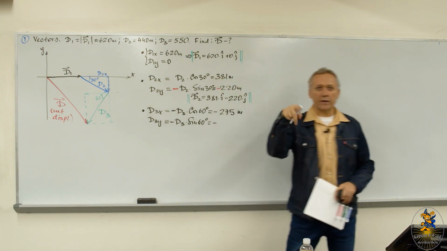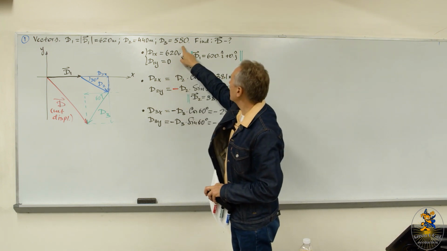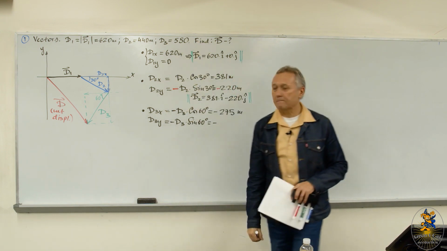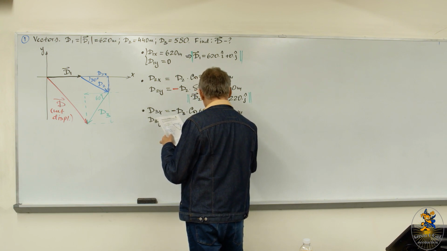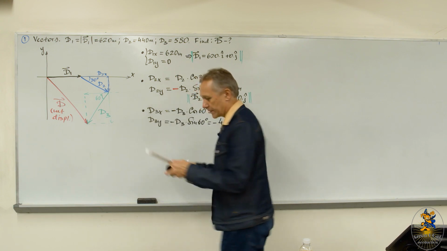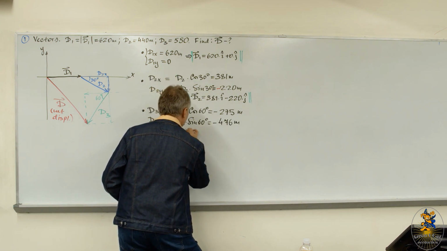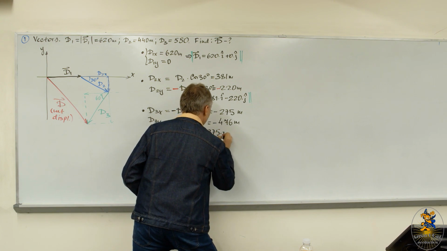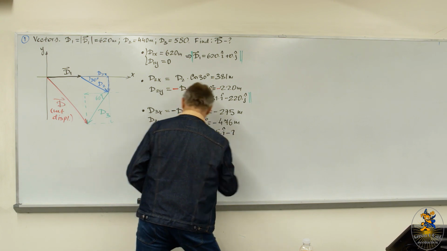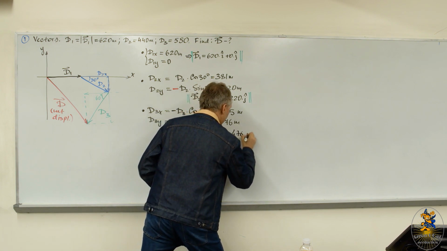Cosine of 60 degrees, again, is 1 over 2, and this D3 is 550, so 275. And this one, too complicated, of course, I don't remember: minus 476 meters. Right. Okay, so now let me write again in a nice form. D3 equals minus 275 i hat minus 476 j hat.